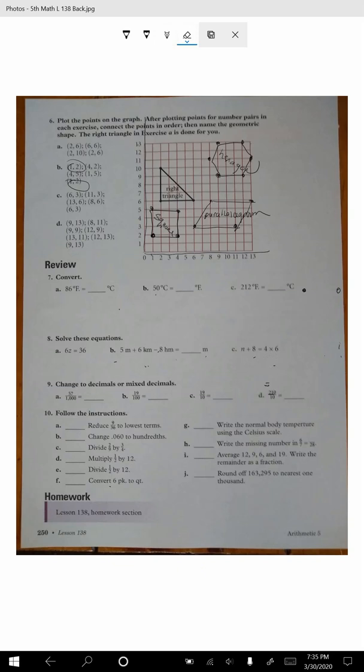All right, change these decimals to mixed decimals. This is a little hairy here. So 57 out of 1,000 is 57 thousandths. What I want you to do is make the decimal. If something is in the thousandths, how many places after the decimal?